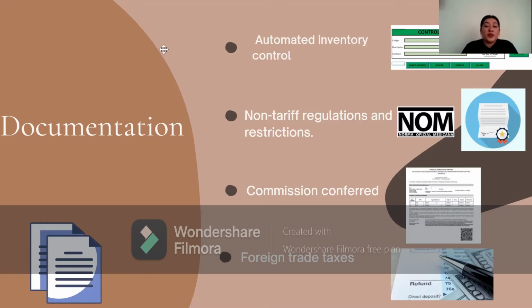It will help us to calculate precisely all the import taxes. We need to be really careful with the calculation of these taxes, because in case we pay less or we pay more, we can have a big sanction for the mistakes we can commit. Next slide, please.